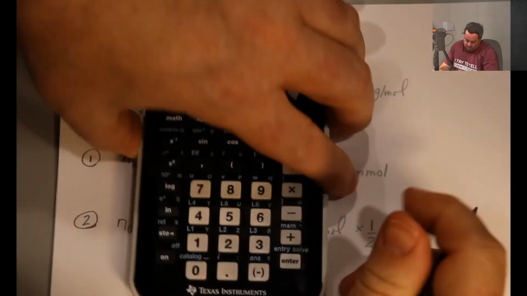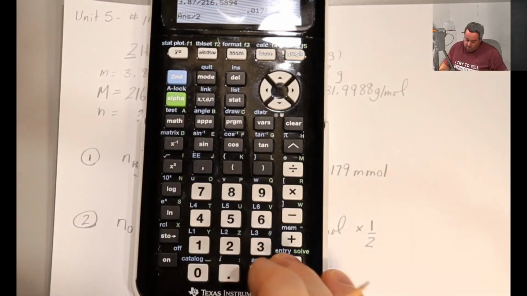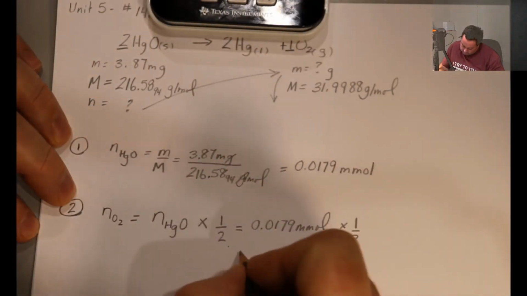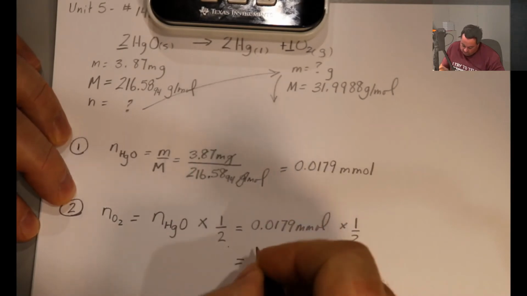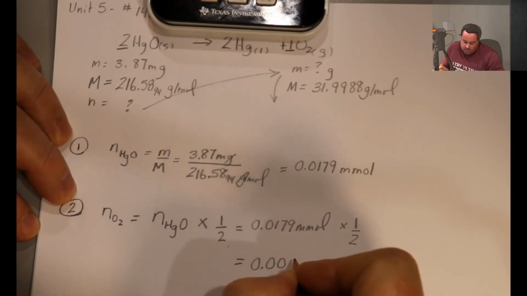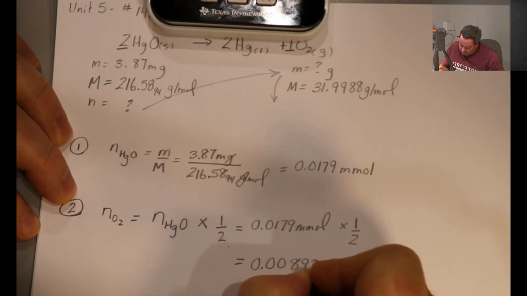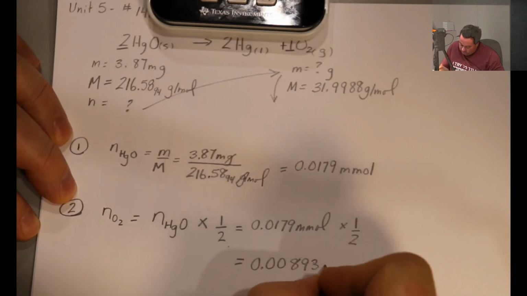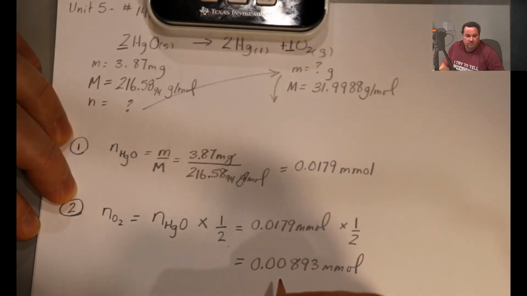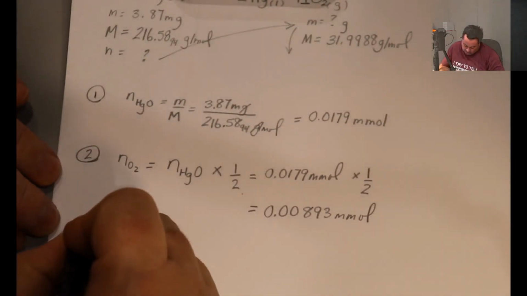So divided by 2, and we get 0.00893 millimoles. Remember, we're keeping the unrounded value in the calculator into each next step.